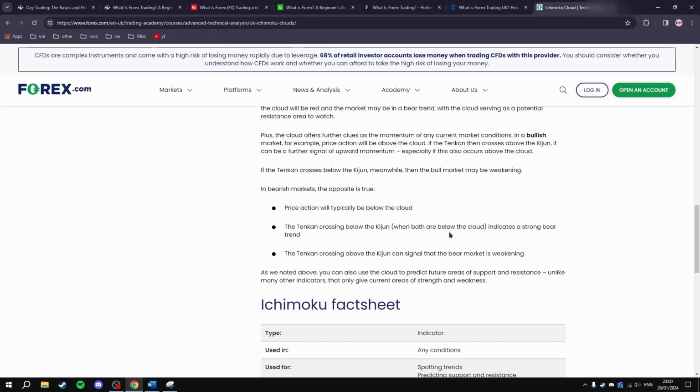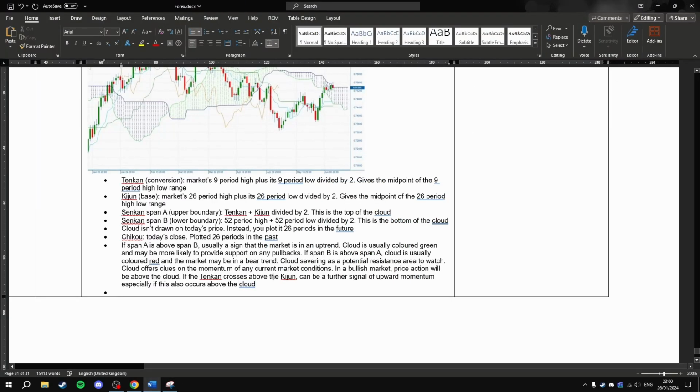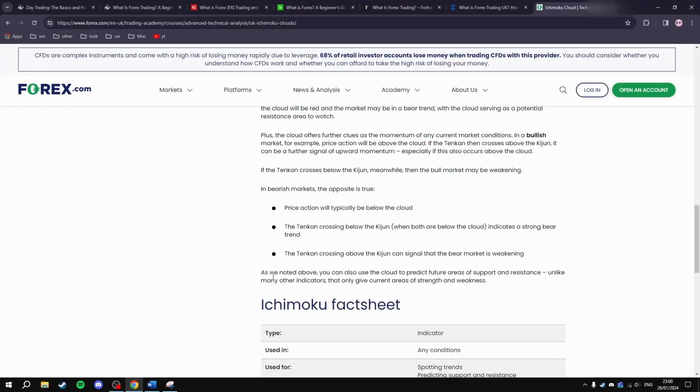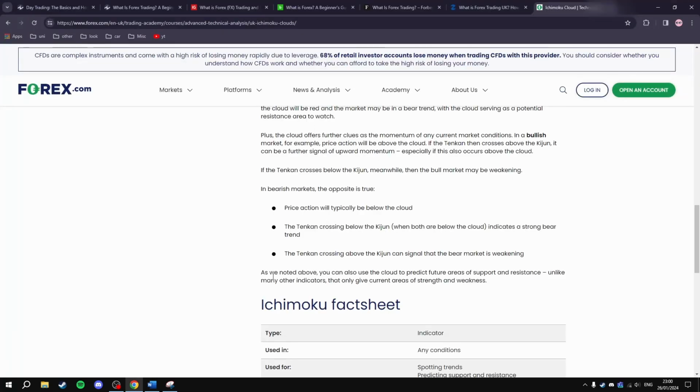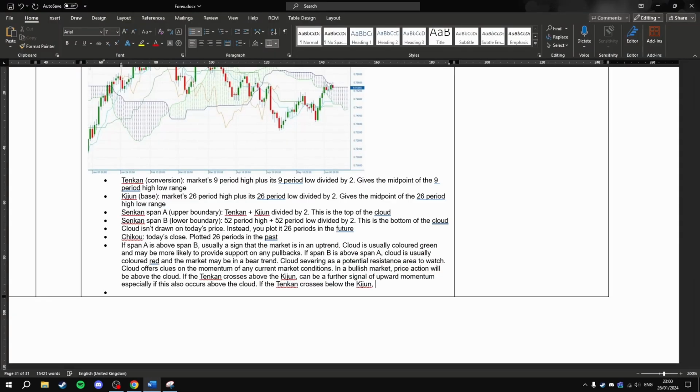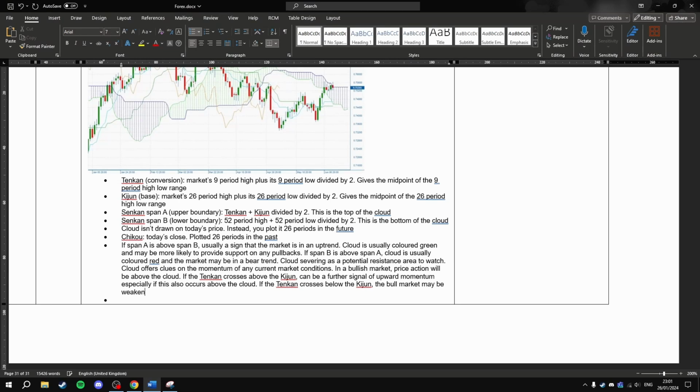If the Tenkan crosses below the Kijun, meanwhile, then the bull market may be weakening.